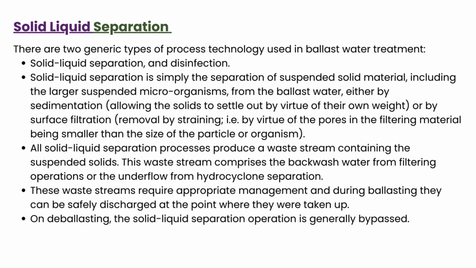Now, two generic types of process are used in ballast water: solid liquid separation and disinfection. Solid liquid separation is simply the separation of the suspended solid material, including large suspended microorganisms, from the ballast water either by sedimentation, allowing the solids to settle out by virtue of their own weight, or by surface filtration, removed by straining, or by virtue of pores in the filtration material being smaller than the size of the particle or organism.